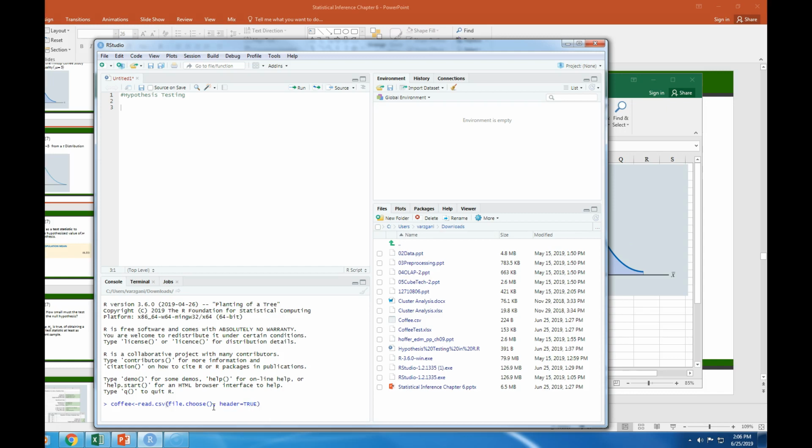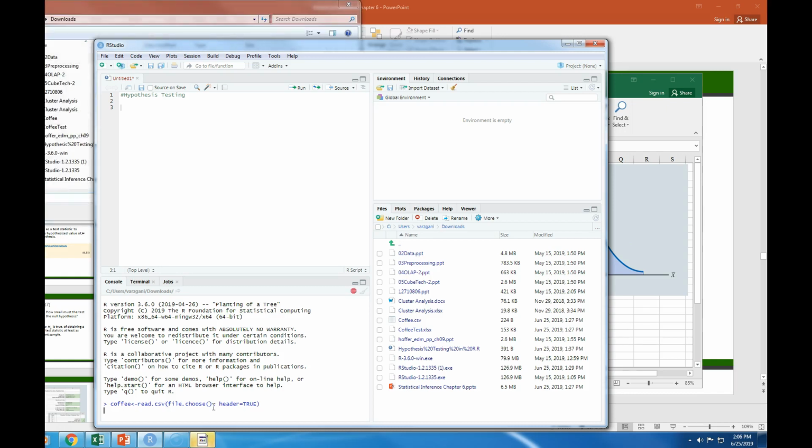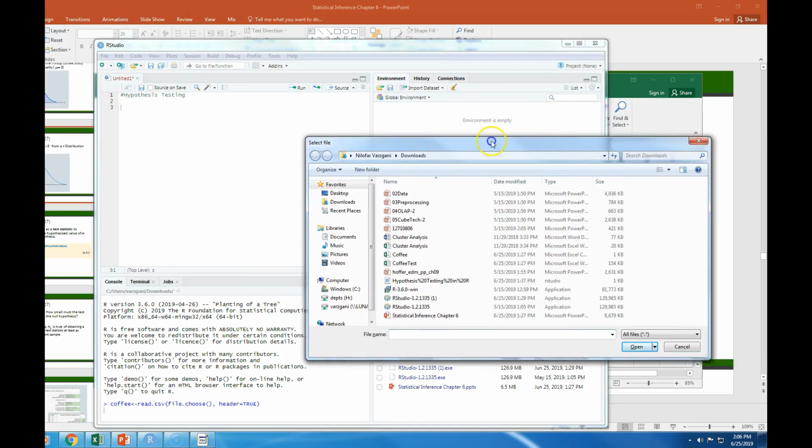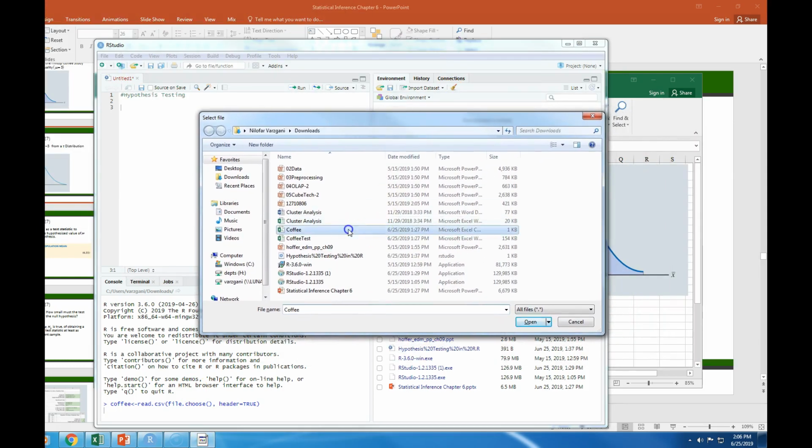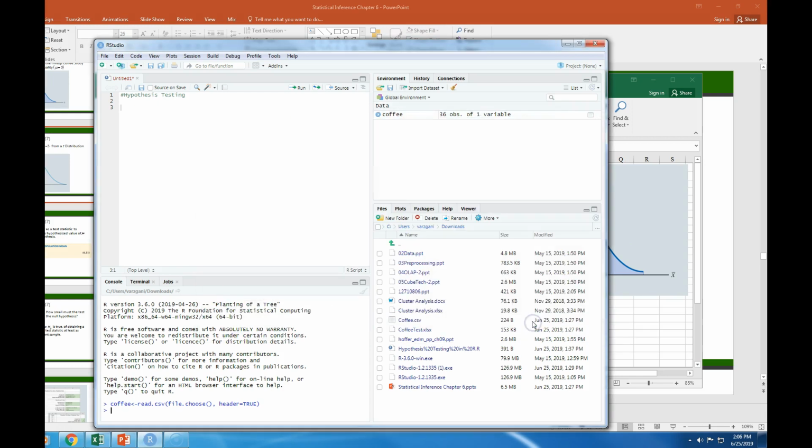Before you run this function, make sure that you have saved the CSV file that was provided under modules. I'll press enter, and now I can select where I saved this CSV file, and now the data has been uploaded successfully. R is calling it coffee.